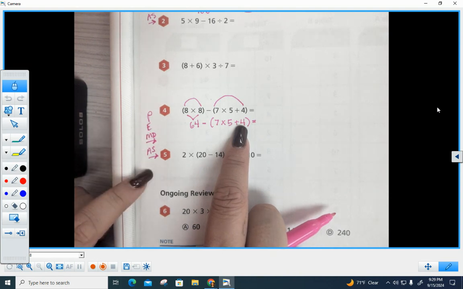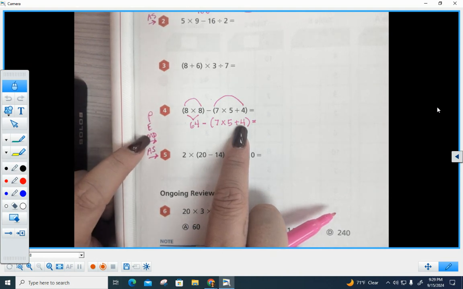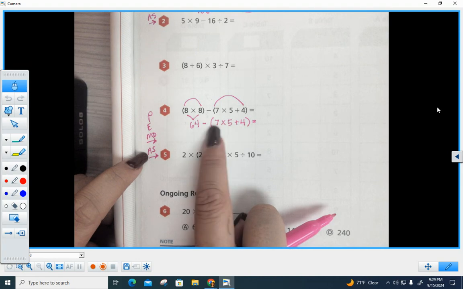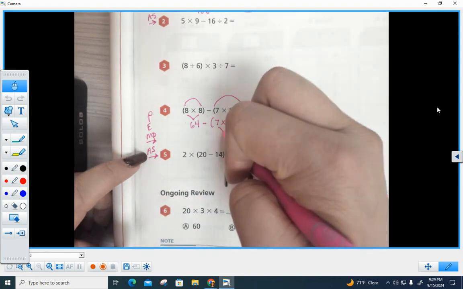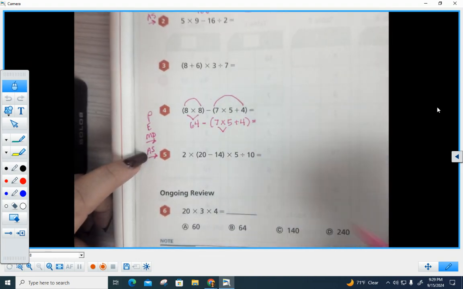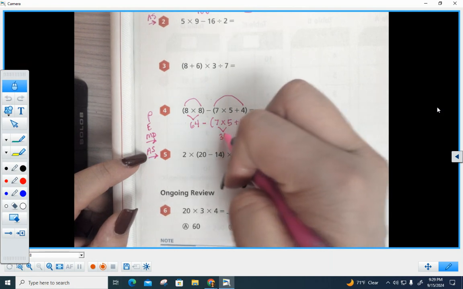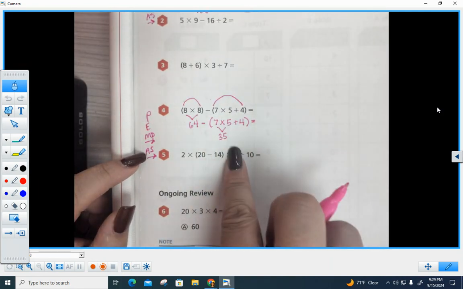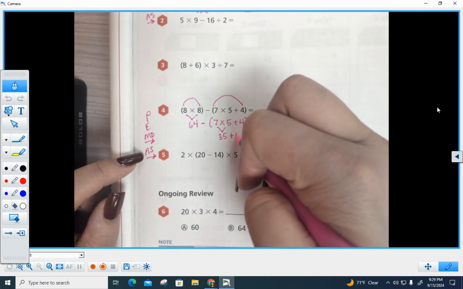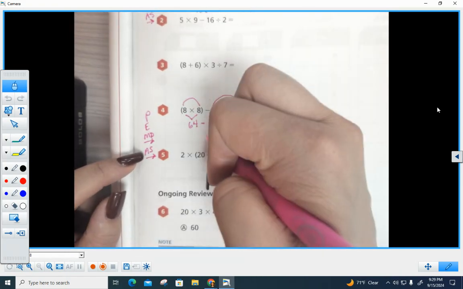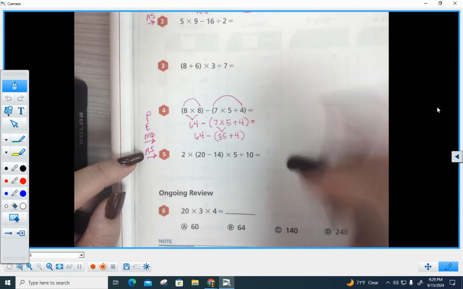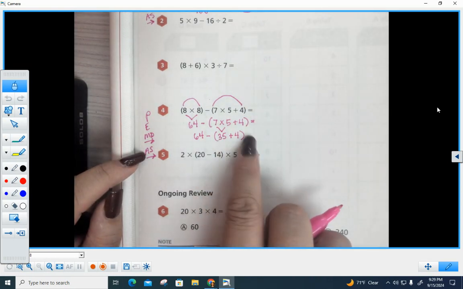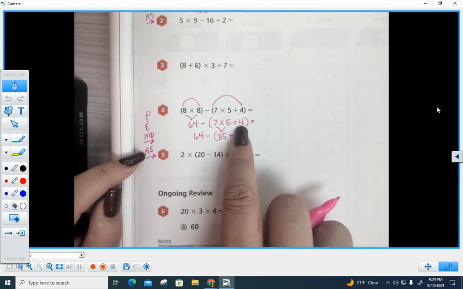If I look at my steps over here, multiplying comes first before adding. So I'm going to do my multiplying first. 7 times 5 gives us 35. And I'm not going to just solve other things. I'm going to write the problem again down below. I'm going to write what I haven't used yet in the same exact order. Keep those parentheses because that plus 4 is inside of the parentheses above.